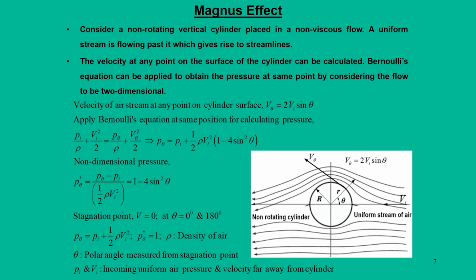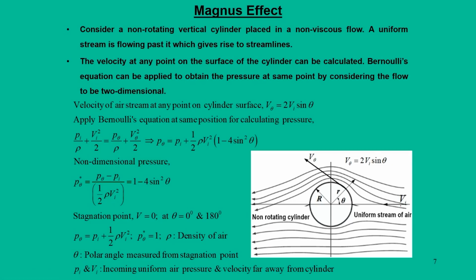To demonstrate this Magnus effect, we will first consider simple aerodynamic principles in which we take a non-rotating vertical cylinder placed in an inviscid flow. Ideally it is an inviscid flow, and this is a vertical cylinder placed in an inviscid flow.